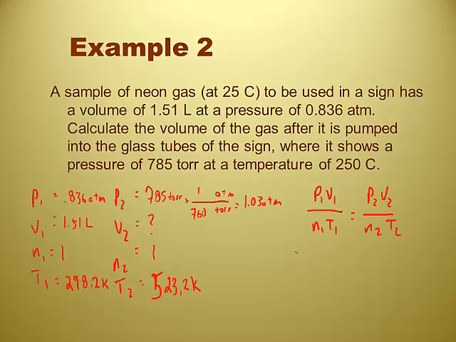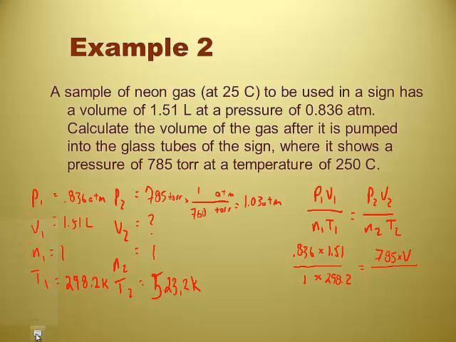All right, here we go. Everything in its right spot. 0.836 for pressure, volume is 1.51, divide by N1, which is 1, times T1, which is 298.2. Pressure 2 is 785. I'm still looking for volume. You put pressure 2 in as torr, Mr. Kane.